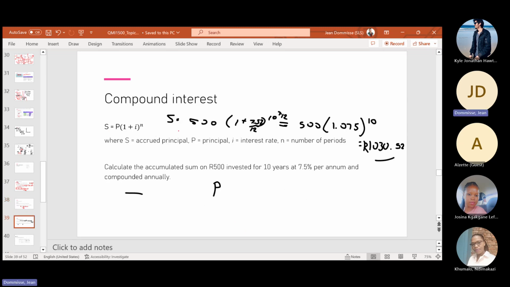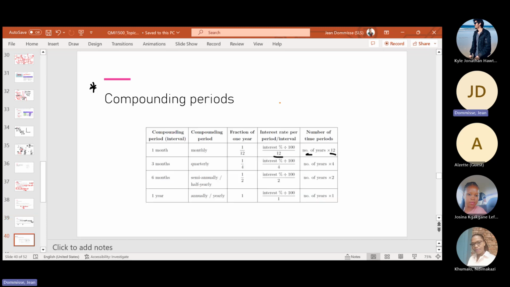We then went into compound interest, and I think we nearly stopped at the stage where I showed you the compounding periods and what you need to do if it's annually, semi-annually or quarterly, or things like that.